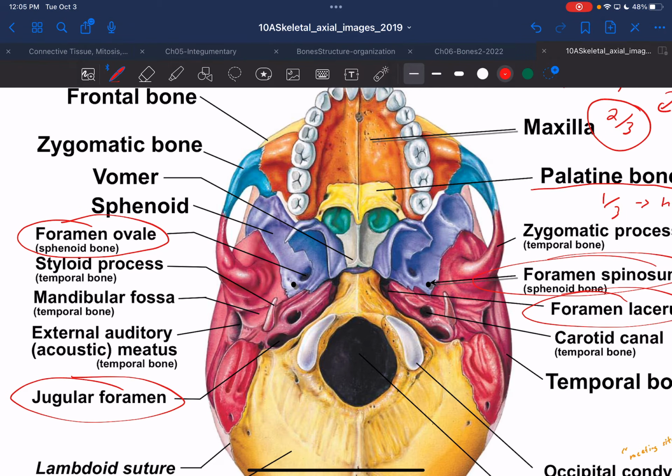So you can get half credit if you don't remember the name of something, but you remember it's an opening or a hole, you can get half credit for writing foramen. So the word foramen becomes an essential vocab word for survival on this exam. And remember, foramina is plural. You'll hardly see that word today, or me using it, just to make things easier, but just keep that in mind.